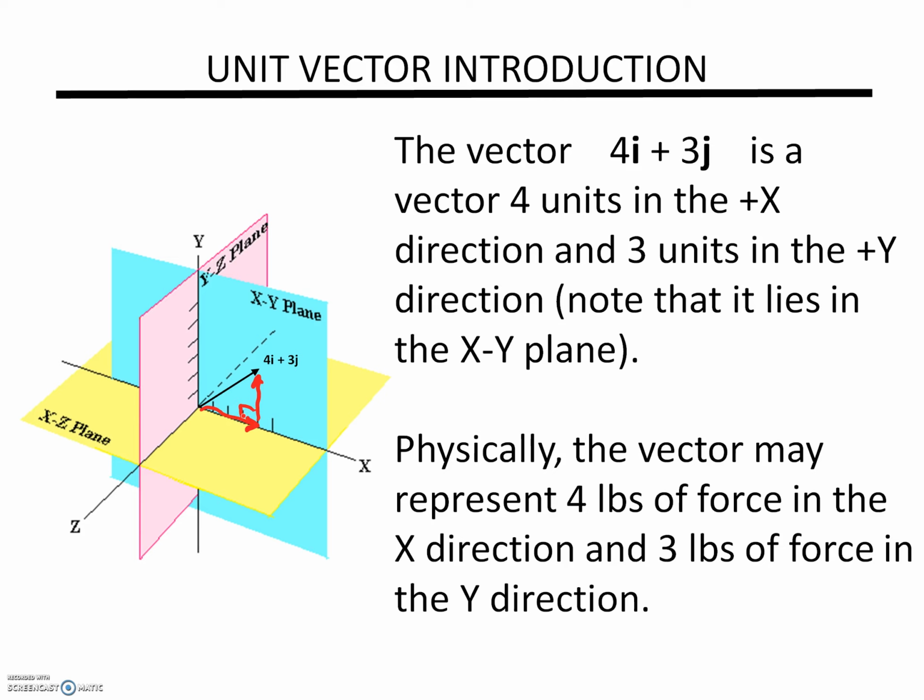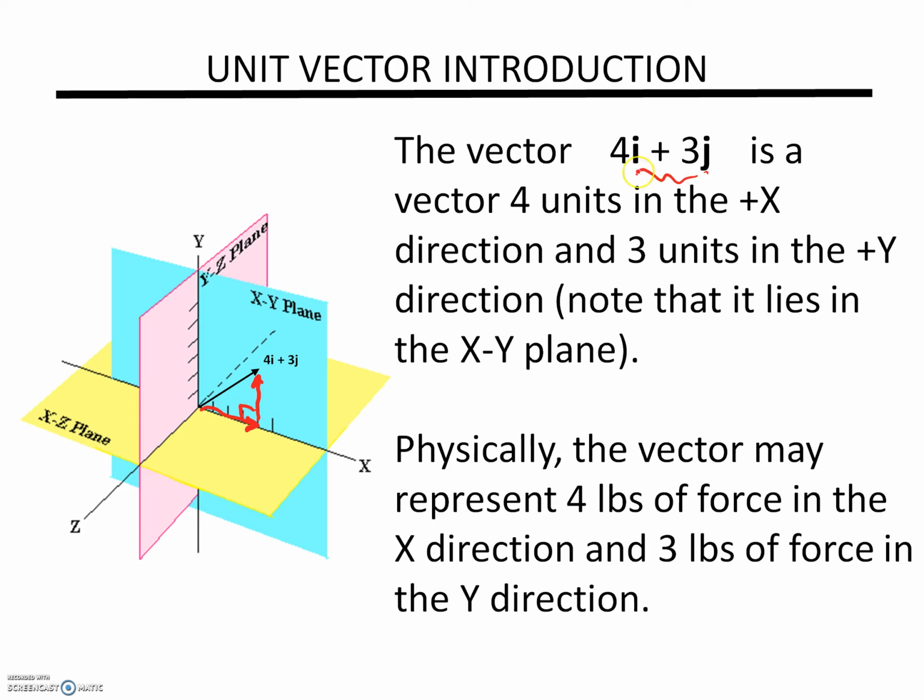What physically may be happening is it could be 4 pounds of force in the X direction simultaneously with 3 pounds of force in the Y direction, and you can calculate what the hypotenuse would be. That would be the actual length of the vector, and we'll look at that in a few minutes. But that's how we represent it.